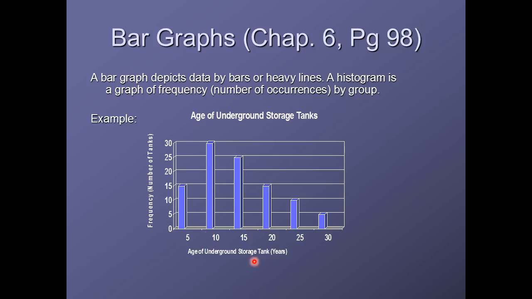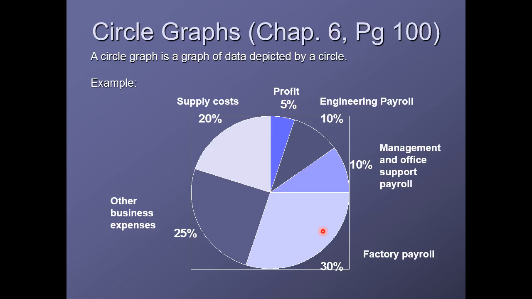And the least of the storage tanks are pretty much like 30 years old. Right? So you can make some sense of what the ages of the underground storage tanks are on an average. So the most frequently occurring age is like 10, right?